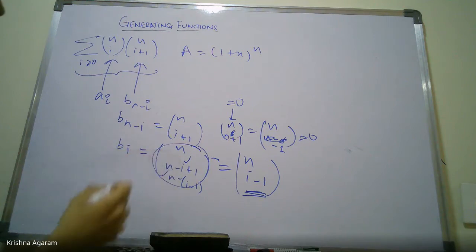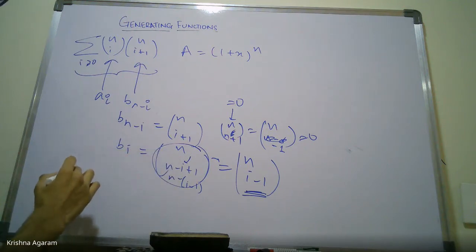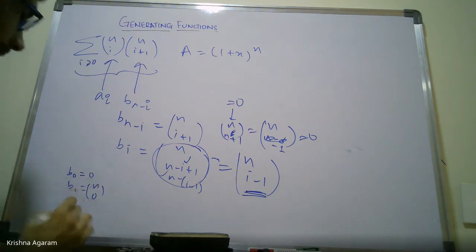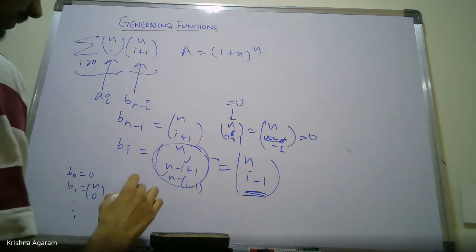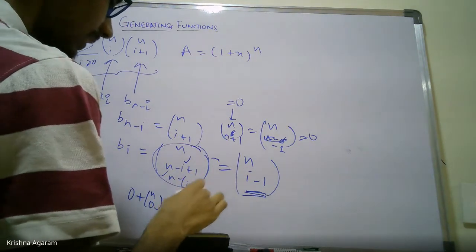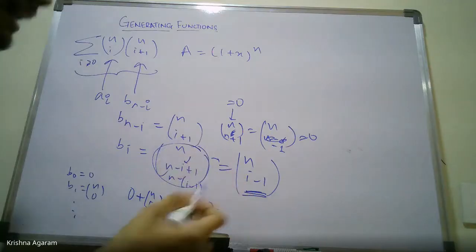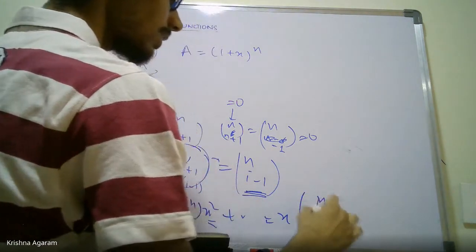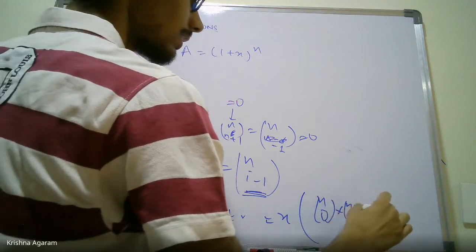So the generating function of that first term b0 is just 0, b1 is n choose 0, so on. Okay. So it's just 0 plus n choose 0 x plus n choose 1 x squared. There's one extra x factor everywhere. So we'll just write it as x times n choose 0 plus n choose 1 x, so on.